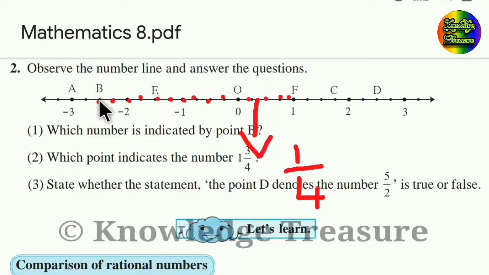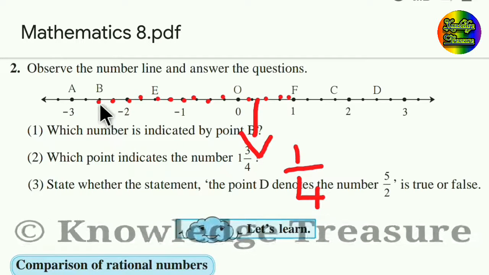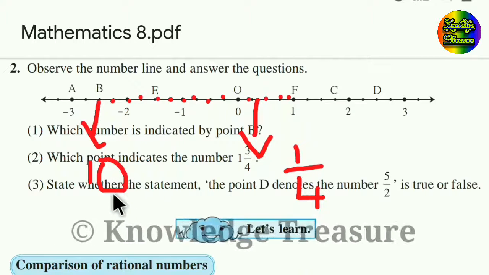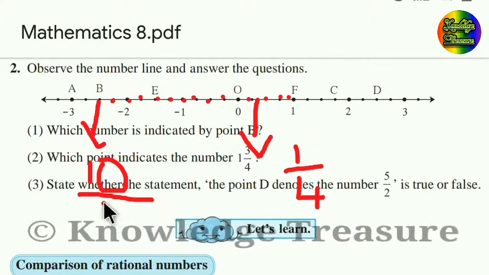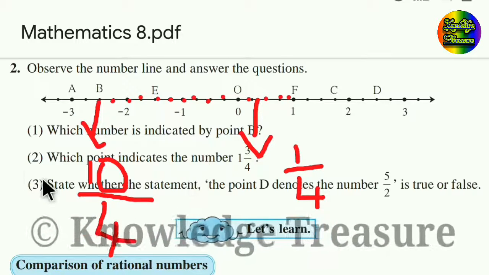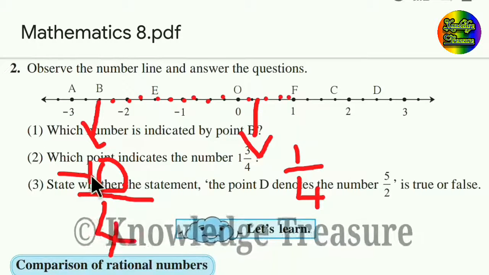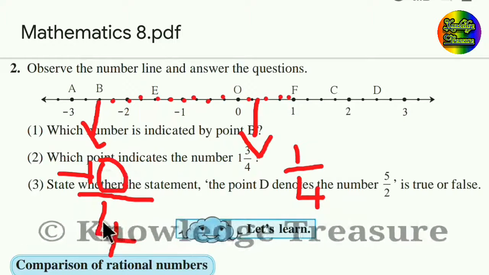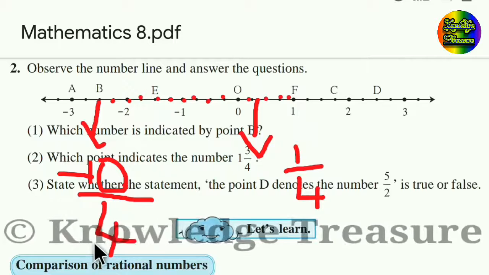So B has the value 10 upon 4. Since it is on the left hand side, we have to put a minus sign. The value of B is minus 10 upon 4.